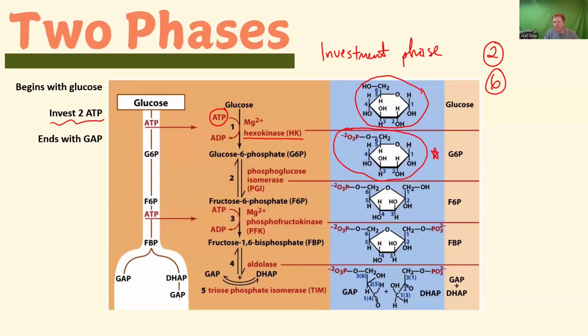Both of these required ATP. So I'm going to make a little table. I'm going to say needs ATP. Both enzymes 2 and 6, our transferases and our ligases, require ATP.